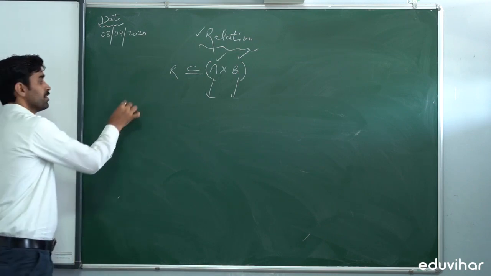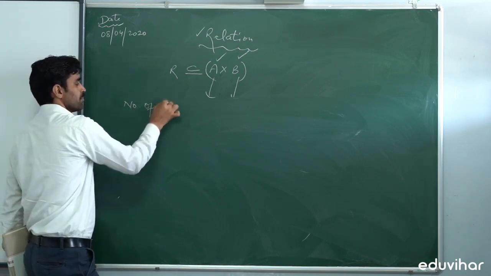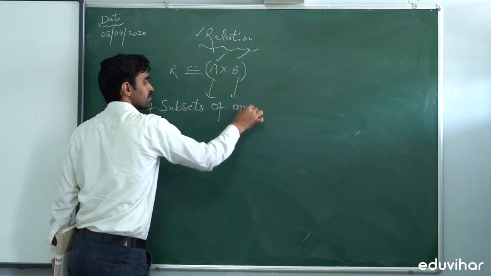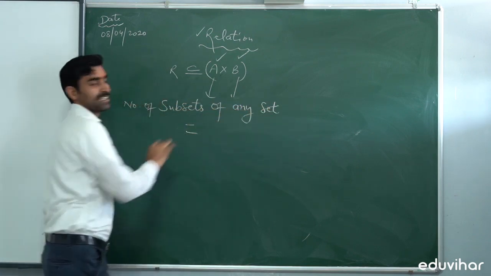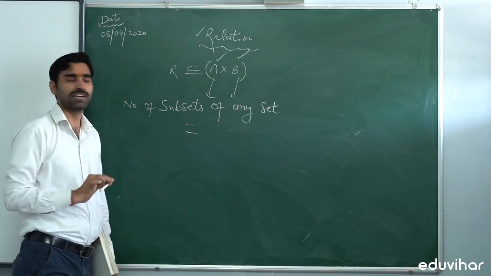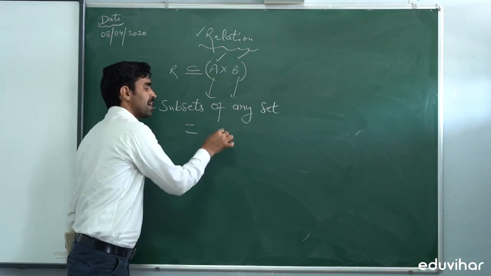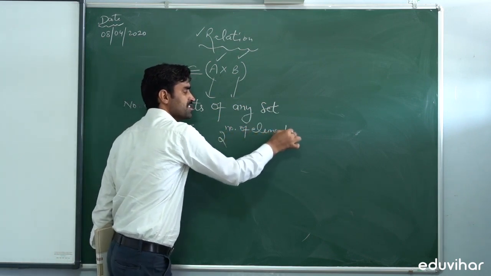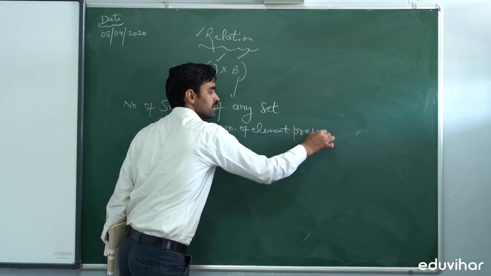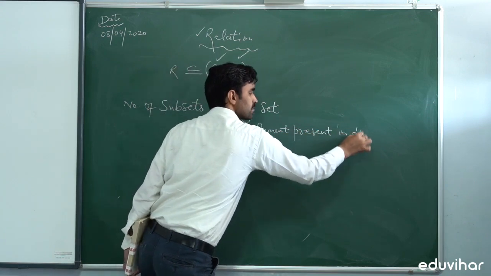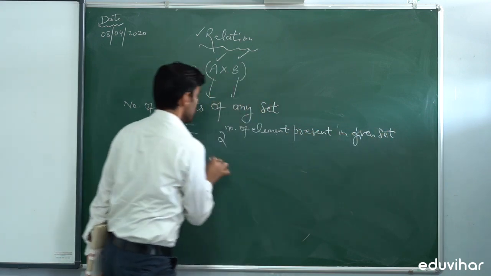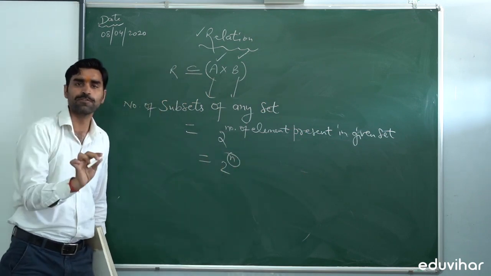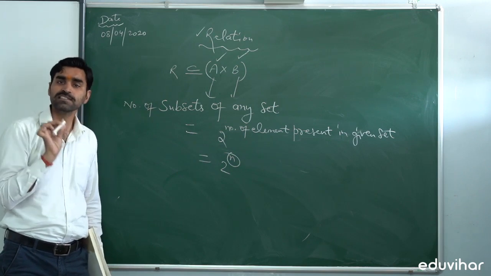If we talk about the number of subsets of any set, it is 2 raised to the power of the number of elements present in the given set, or you can say 2 raised to the power n. Here n is the number of elements present in the given set.